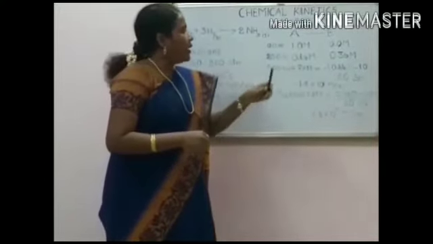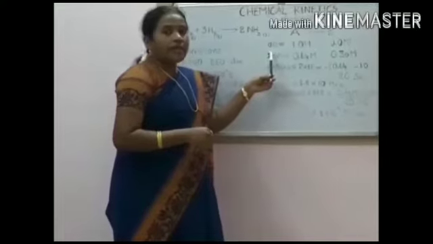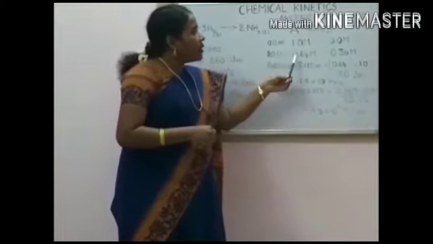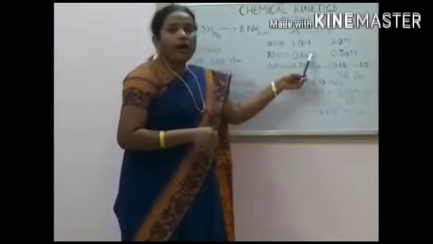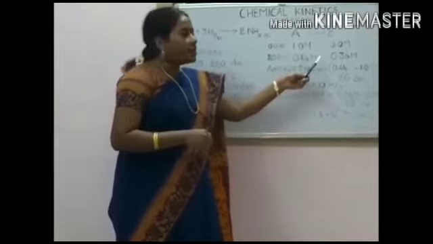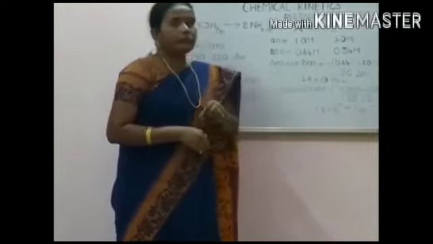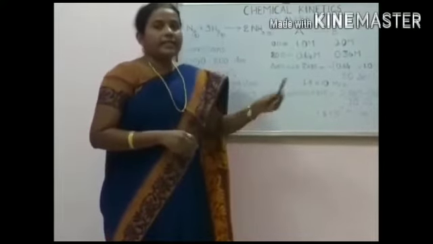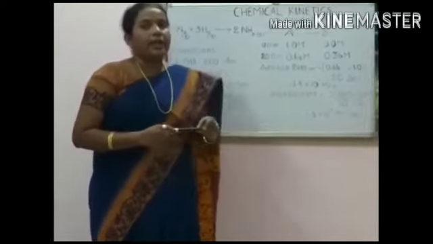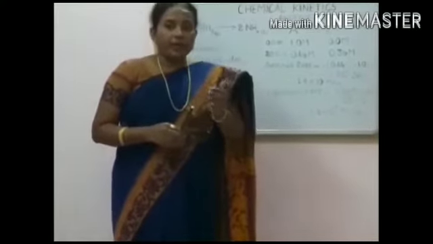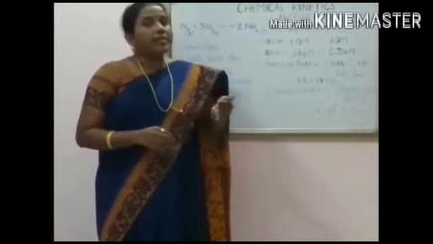After 20-second lapse, the concentration of A is 0.64 molar and the concentration of B is 0.36 molar. In this example, at the same rate, the reactants are being consumed and the products are being formed.